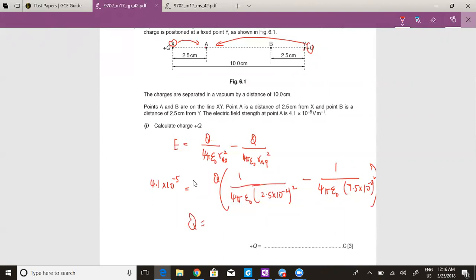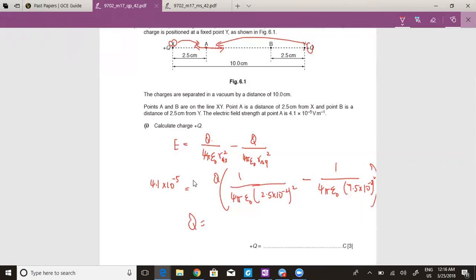Yes, say it like that. We took out X to A, and took out Y to A, and because the force from X to A and from Y to A are in opposite directions, we had to subtract. And the electric field strength is given. Remember that electric field strength is a vector.